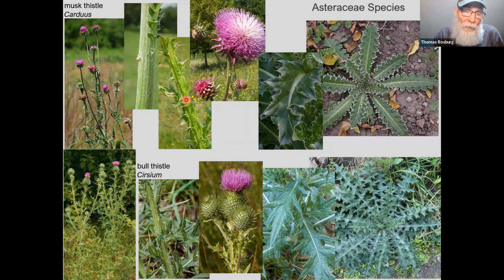But vegetatively, if you don't have the flowers, you just have these basal rosettes, or maybe just some stem leaves, then what you need to pay attention to is that musk thistle always seems to have a much more shiny leaf surface. And these are basal rosettes, and this is a leaf that's on the stem.